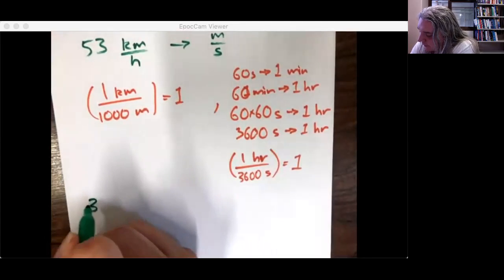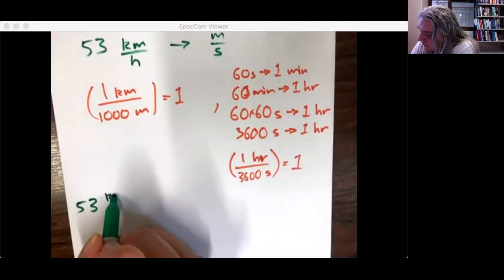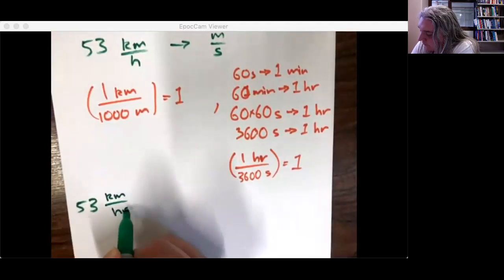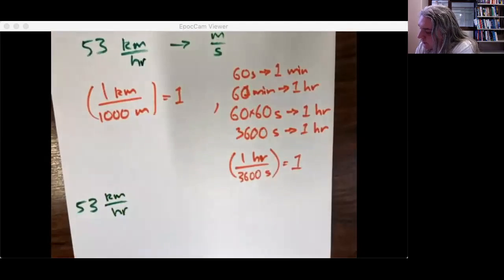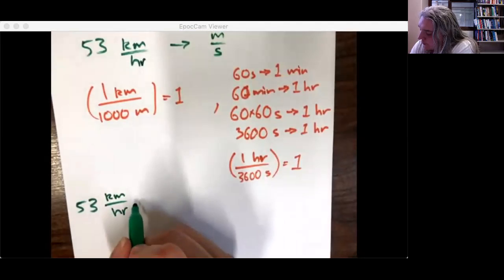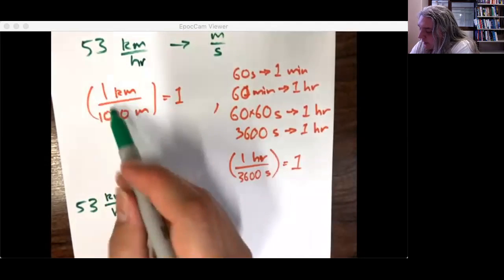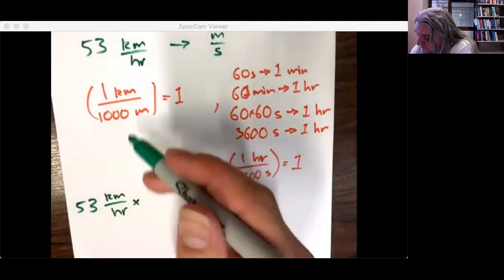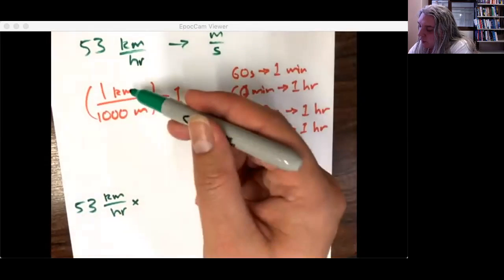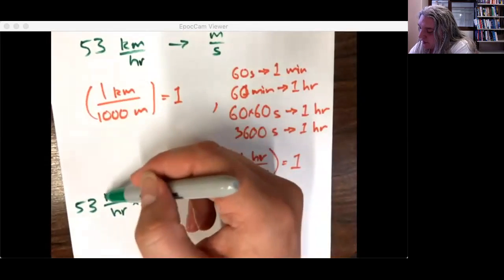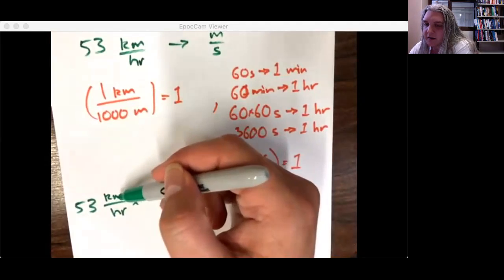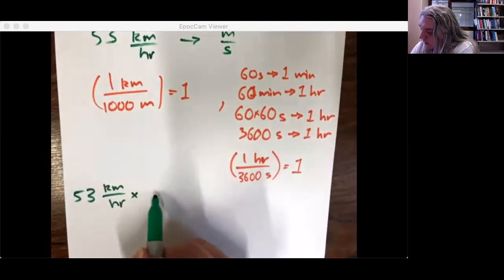So let's take 53 kilometers per hour. I'll go back to HR just to be consistent. 53 kilometers per hour, and we're going to start by multiplying it by this bracket here, except that what we've got is kilometers on the top here. If we want to cancel our kilometers, we're going to need kilometers on the bottom.